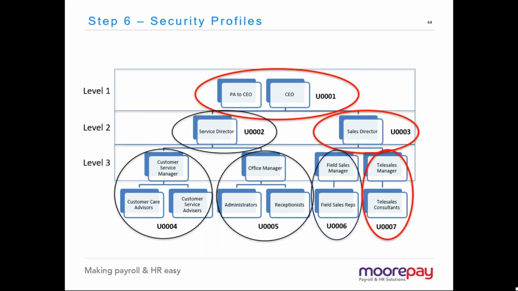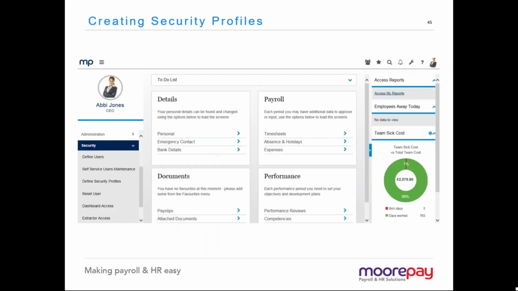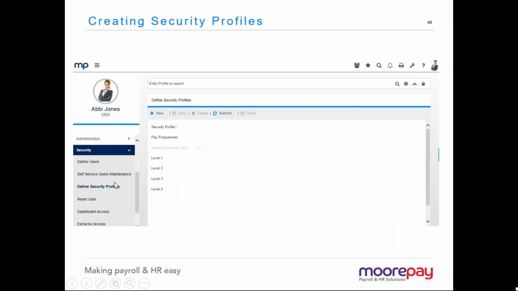So the security profiles don't fall under the administration section of the Moorepay HR, as all the previous steps have done. These actually come under security. So in order to create the security profile, you need to go into Security, Define Security Profiles. You can see that on the side there.